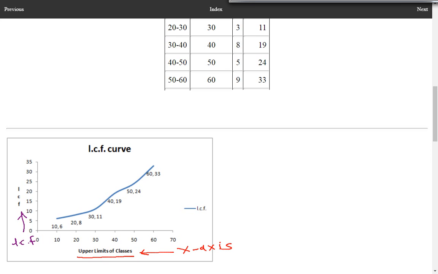So the corresponding points will be here. If you see, the last point is 60 and 33. So this is the point 60 and 33.